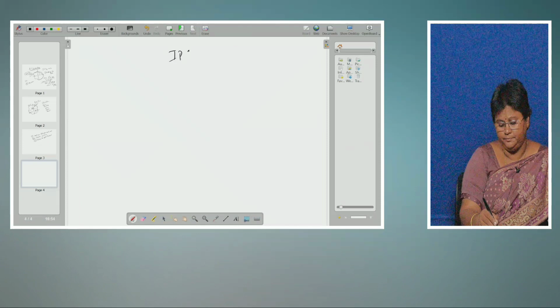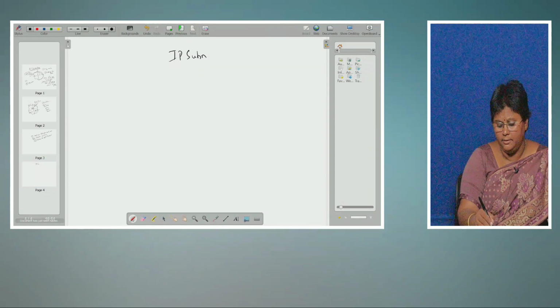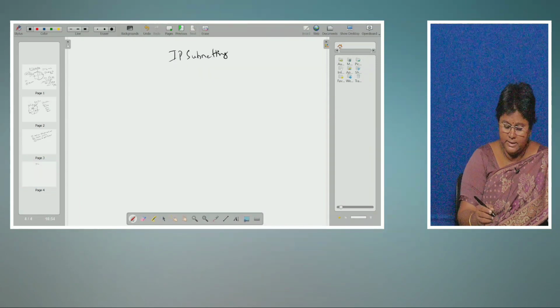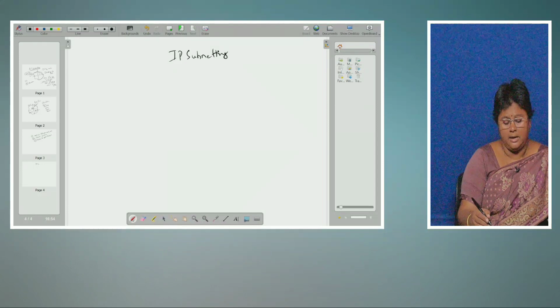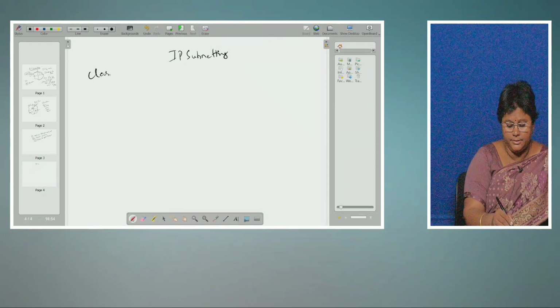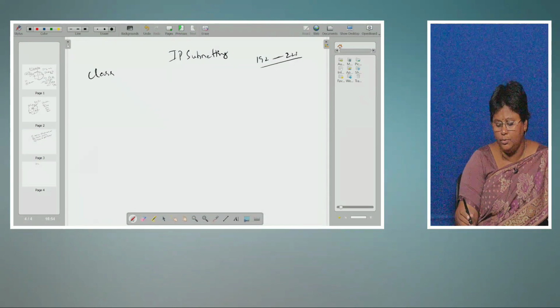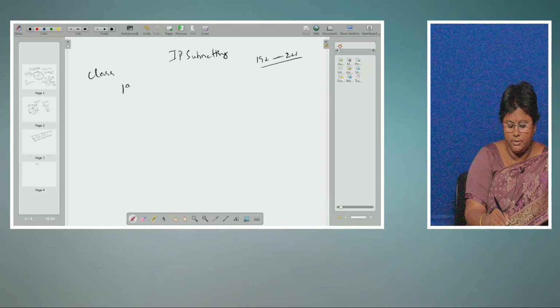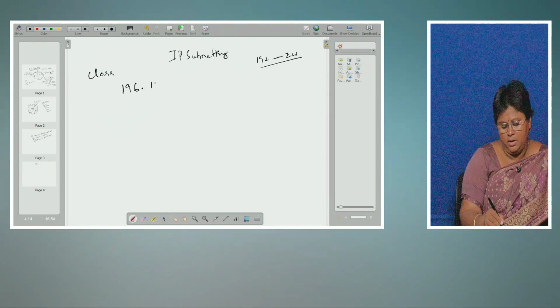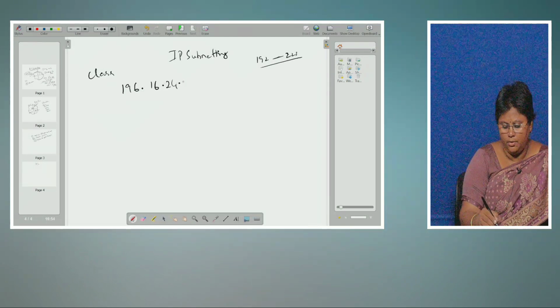Now let us take the heading subnetting. To understand this concept, I am taking a class C address. The class C address starts from 192 to 223. The first octet of the IP address will start from 192 to 223. So I am taking an IP address 196.16.24.0.